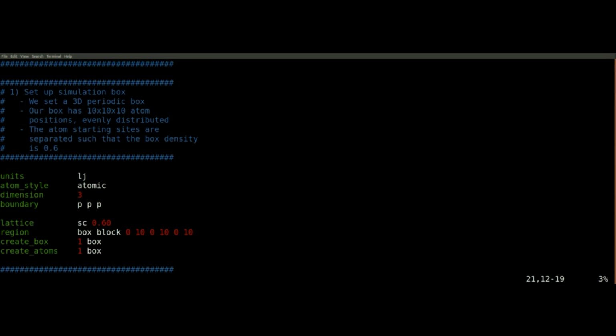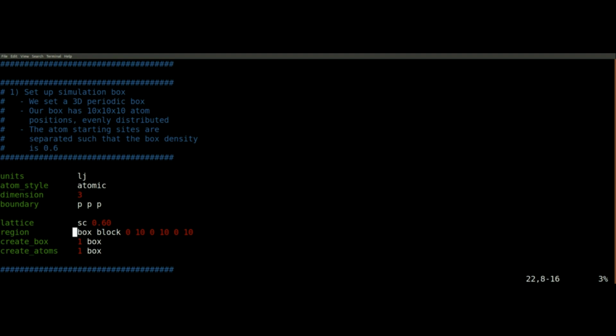The box is going to have a number density of 0.6. Essentially we're telling LAMMPS, I'm going to make a box with a simple cubic structure, and every point on that structure is going to be separated such that the total number density, i.e. the number of particles per volume of the box, is 0.6.